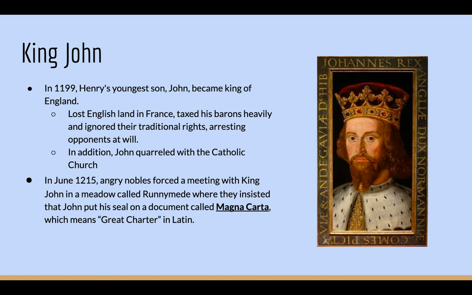He would not give them trial. And in addition, John quarreled. He had more difficulties with the Catholic Church, and he typically collected large amounts of money from its properties as well. In June of 1215, angry nobles forced a meeting with King John in a meadow called Runnymede, which was located right outside of London.